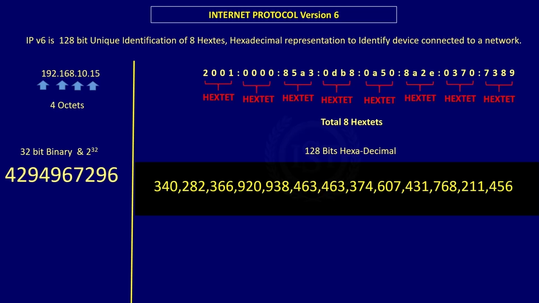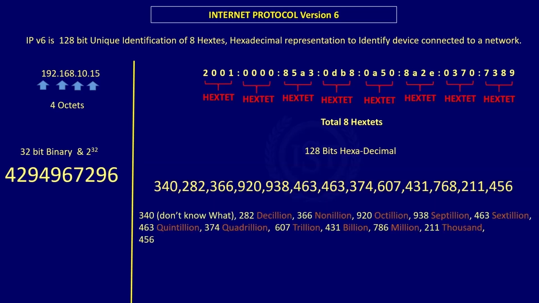But I have tried using a place value system to tell you what this number is. 340 undecillion, 282 decillion, 366 nonillion, 920 octillion, 938 septillion, 463 sextillion, 463 quintillion, 374 quadrillion, 607 trillion, 431 billion, 768 million, 211,456 IPs can be created using Internet Protocol version 6.